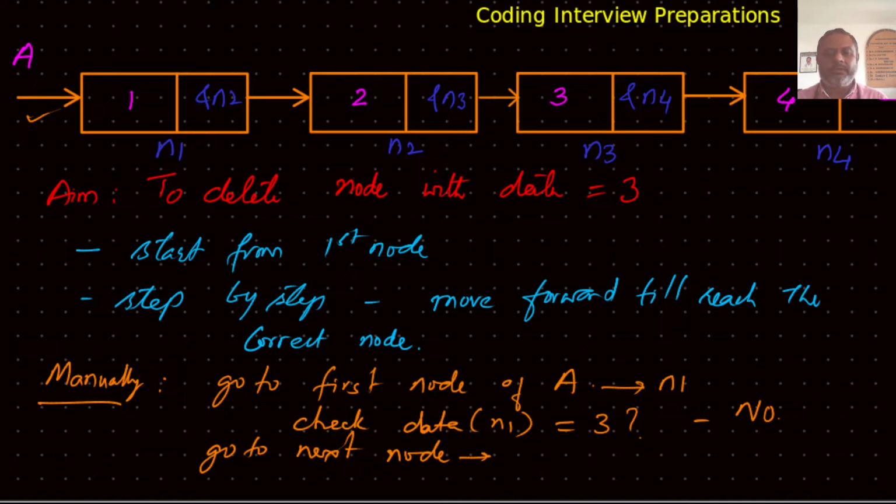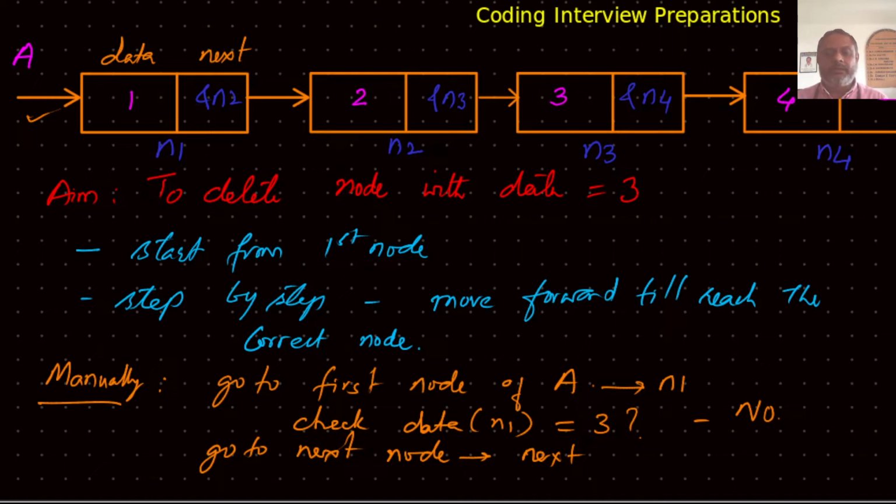Using the next component. So here this is our data component and this is our next component. Here we have written the address of the node where N2 is saved.